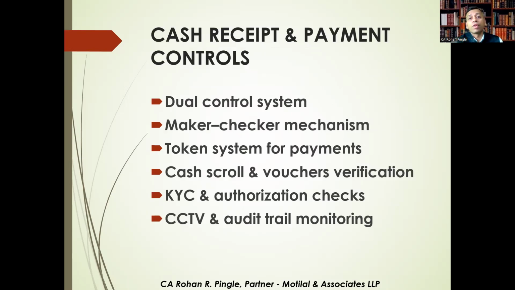Daily cash flow verification with GL. Here the audit procedures will be to verify vouchers for genuineness, check high value transactions, identify unusual cash patterns, and review the cancelled vouchers too. We can see the red flags here: frequent cash overrides, backdated entries, or missing vouchers.